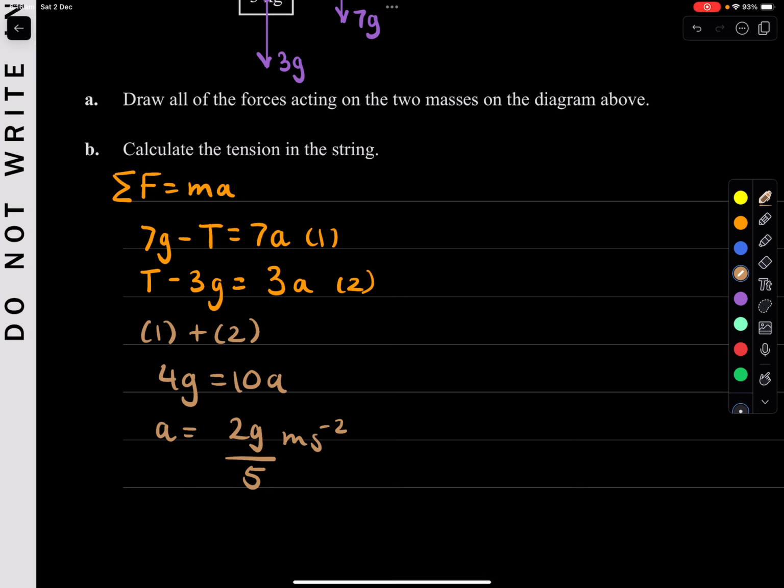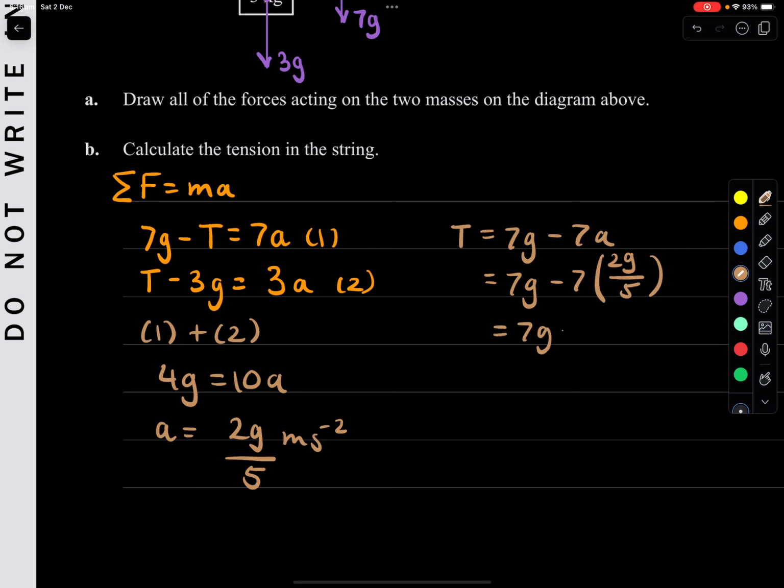Now we've got the acceleration, and we can put it in to solve for T. So tension is going to be 7g minus 7a. Hence 7g minus 7 times 2g over 5, that is 7g minus 14g over 5, which we can simplify to 35g minus 14g, over 5.